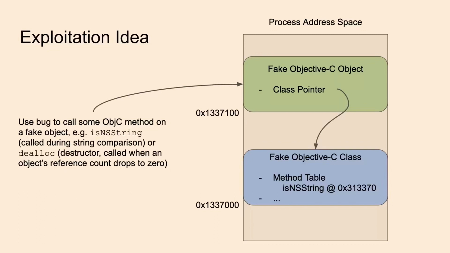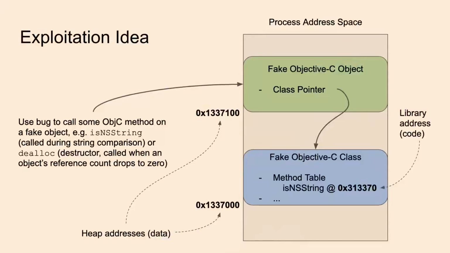And then the class has something called a method table, which basically has the function pointers to these methods, right? And so if we fake this entire data structure, so the fake object and the fake class, then as soon as the process calls some method on our fake thing, we get code execution. So we get control over the instruction pointer, and then it's game over. So that's going to be our goal for this exploit.